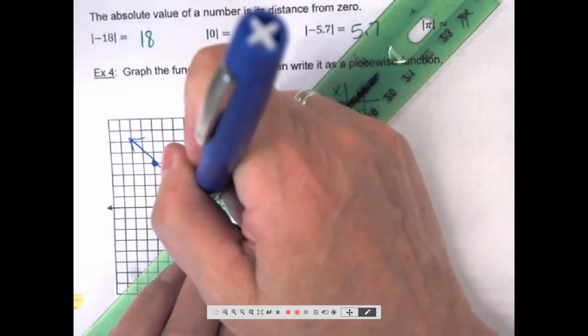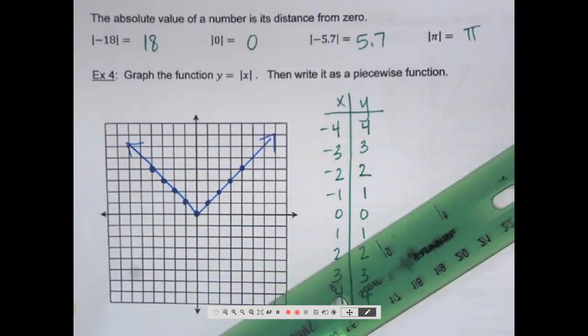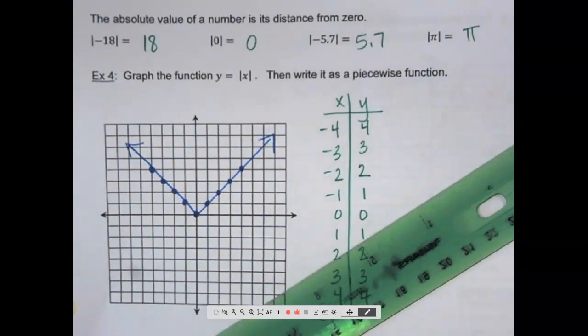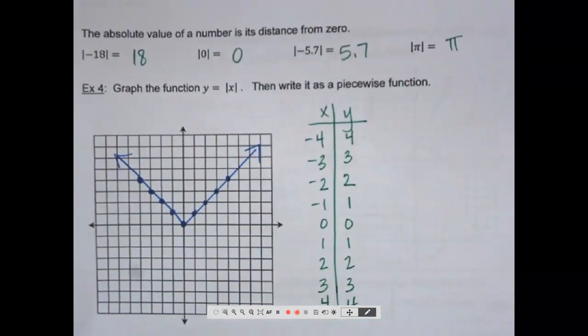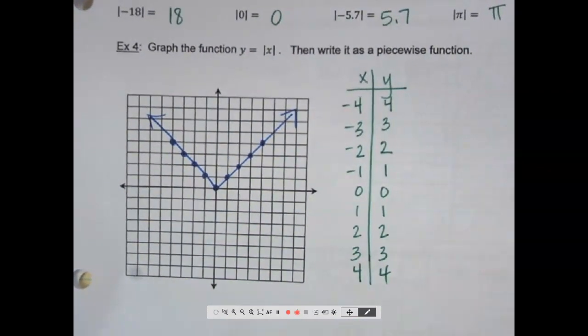Okay, so here's a really dumb way to remember this. Absolute value looks like a V. So the absolute value graph looks like a V. Lock it away. Got it there. Okay, so I'm going to take this V graph, and by the way, let's write this down.